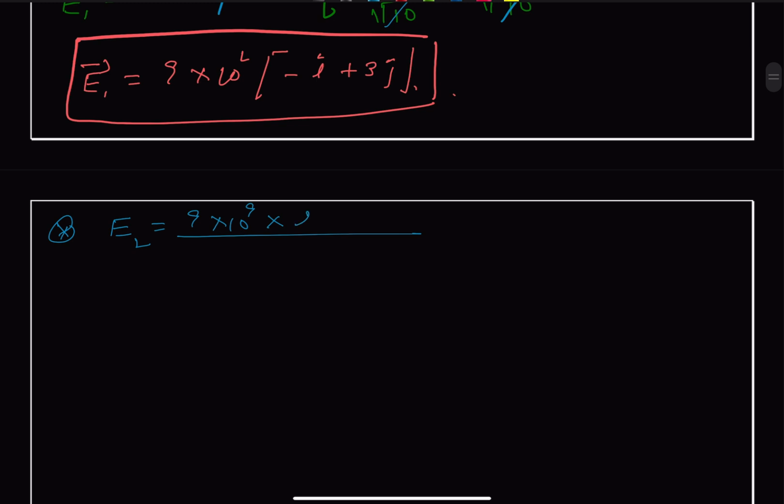So we get this as 25 into 10 raised to the power minus 6, and the distance will be 4 square plus 3 square, and square root its whole square. So this will be 25, and so E2 will be coming as 25 goes with 25, so we are left with only 9 into 10 raised to the power 3 volts per meter.